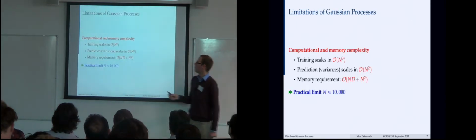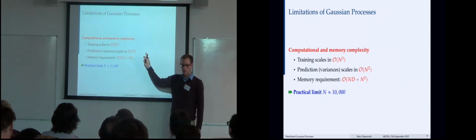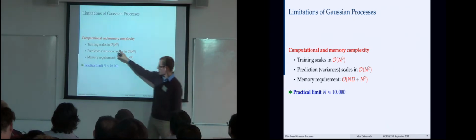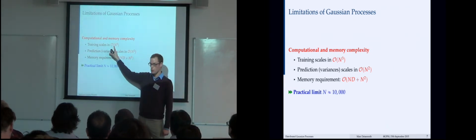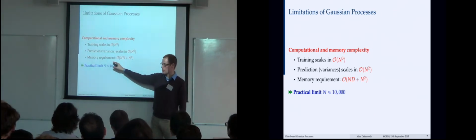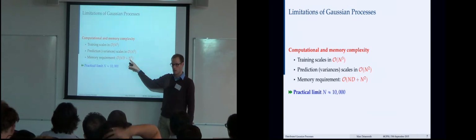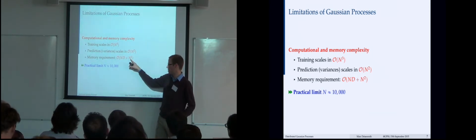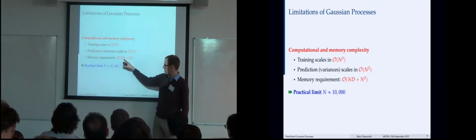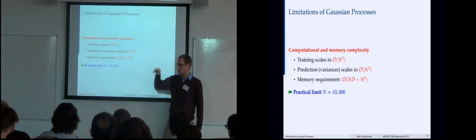The problem with Gaussian processes is computation and also memory complexity. We mentioned earlier, training scales cubically and prediction scales quadratically, and the memory requirement is n squared for storing the kernel matrix, or half of the kernel matrix if you store Cholesky factors, and n times d for storing the data set itself.